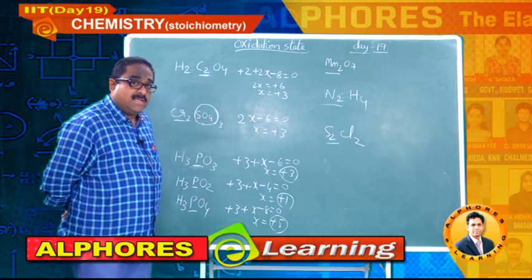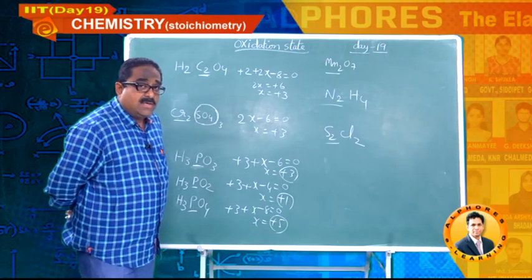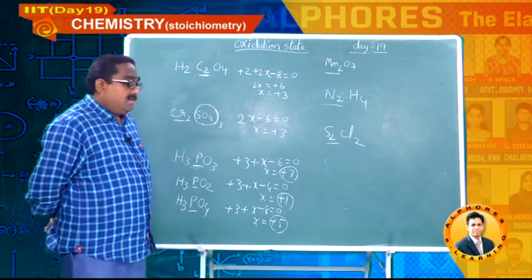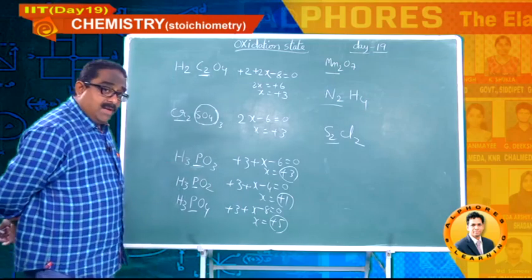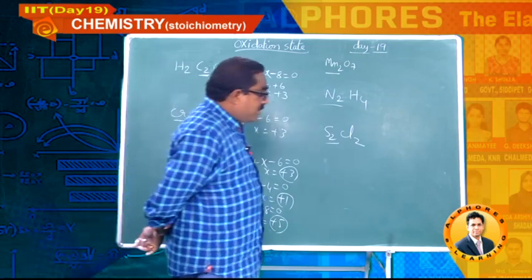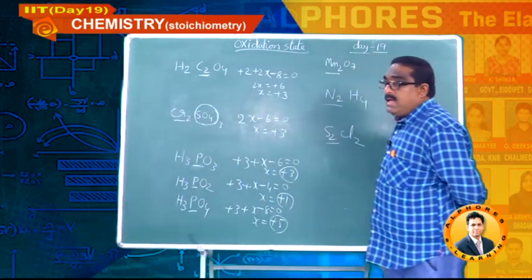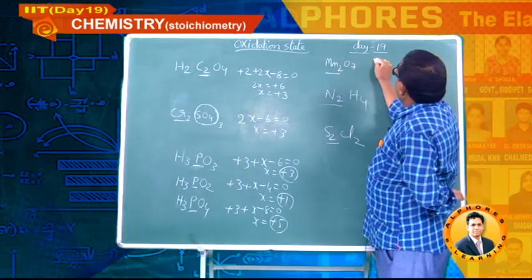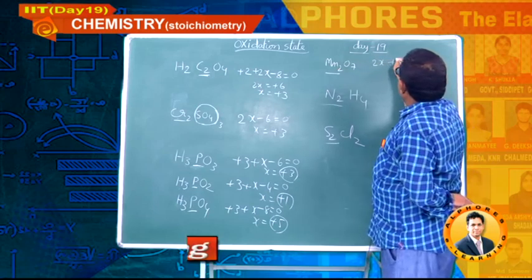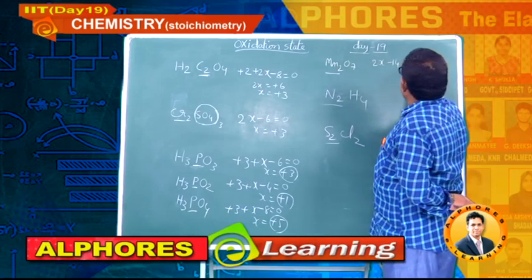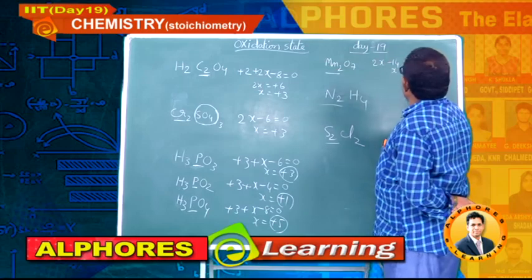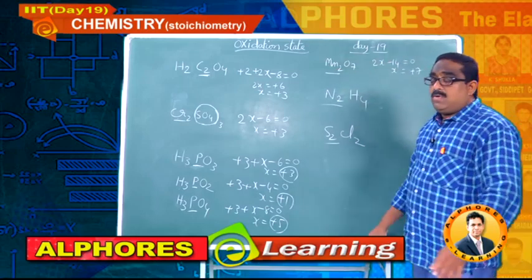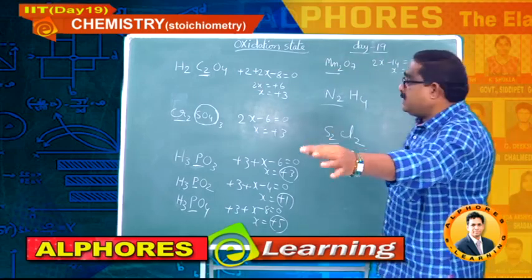So the maximum oxidation state of phosphorus should be plus 5. So all these are allowable. Next, coming to this, for manganese I am calculating 2x, 7 minus 2, minus 14 equals to 0, x equals plus 7. Manganese belongs to the 7th B group, so that oxidation state is also possible.